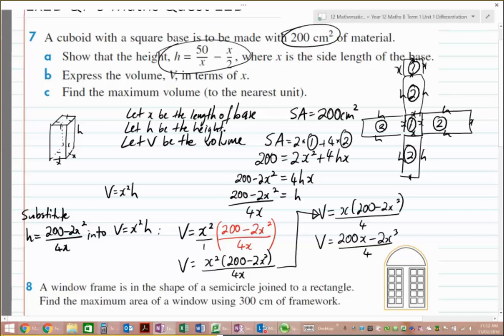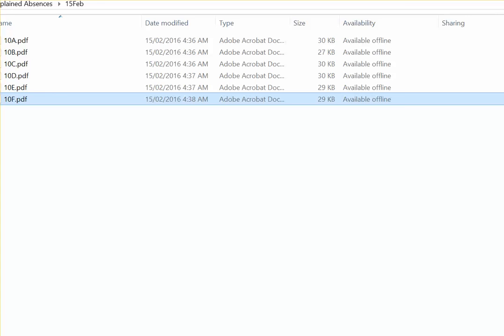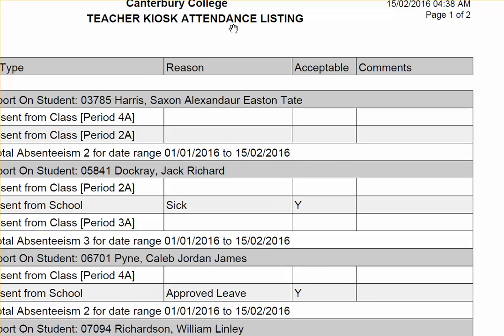And if you want, you can then separate these two. 200x divided by 4 is 50x. 2x cubed divided by 4 will just be a half x cubed. This 2 and this 4 is really just 1/2. And then you should be able to differentiate and solve from here.